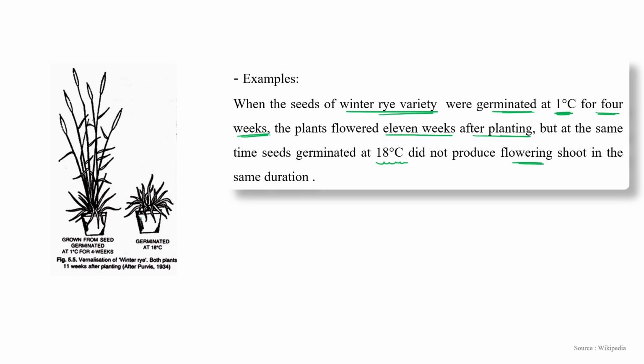There are two pots you can see in this picture. In the first pot, seeds were germinated at 1 degree for 4 weeks, so it shows flowering and seed formation. In the second pot, seeds germinated at 18 degrees are not able to produce seed and flowering. This is known as vernalization. Some seeds require low temperature for flowering and seed formation.